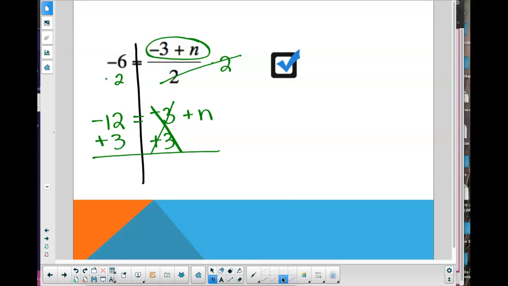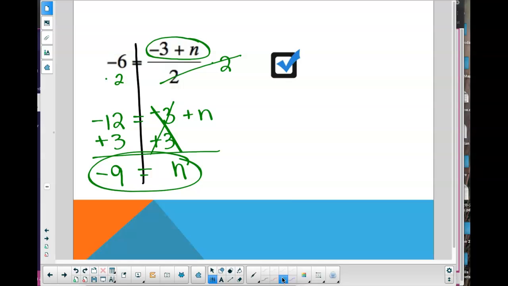Cross off the 3's. We have n equals -12 plus 3 is what? And again, you can use your calculator if you need to. So -9. There's our answer. -9 equals n.